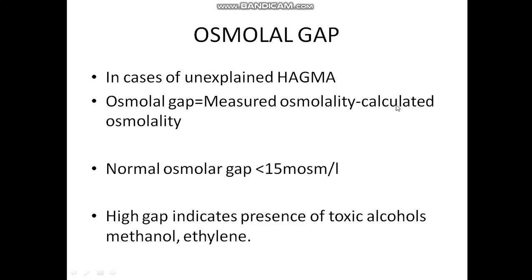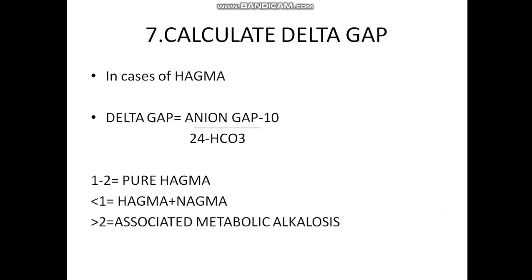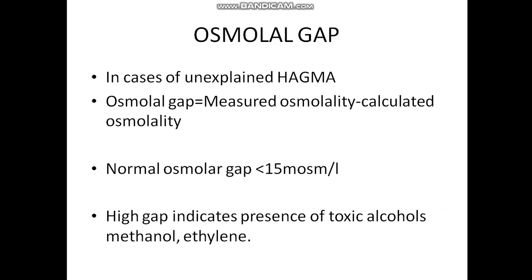Calculated osmolality is given by 2 times serum sodium plus glucose plus urea. When you subtract these two, you get the value. The normal value is less than 10 mOsm per liter. If it is more than 15, we call it a high osmolar gap, which indicates the presence of toxic alcohols like methanol and ethanol. Remember, in cases of HAGMA, we calculate two things: the delta gap and the osmolar gap.